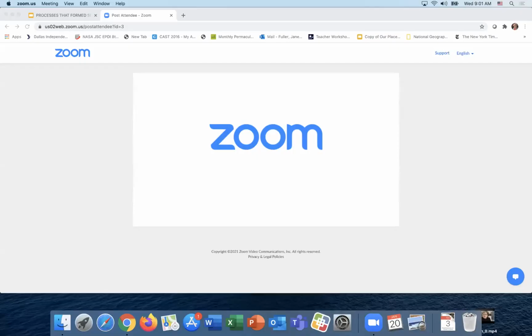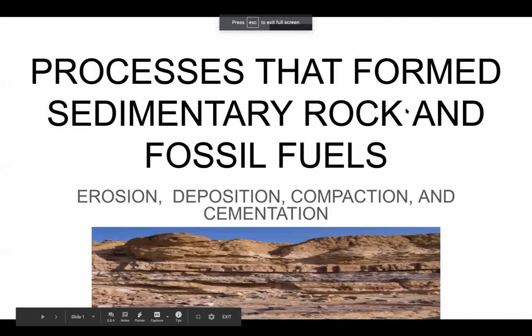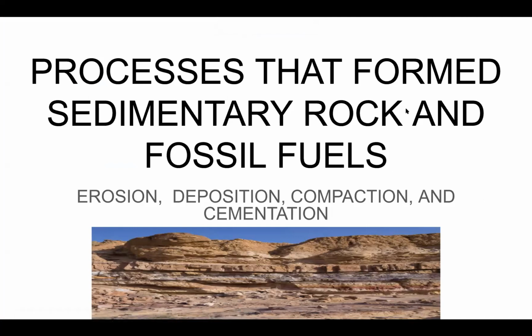Let me share my screen with you, and we're going to look at a little slide presentation that is going to help inform us of those processes, of those forces. So processes that form sedimentary rock and fossil fuels are erosion, deposition, compaction, and cementation.